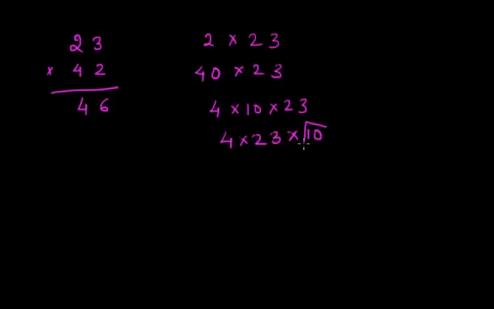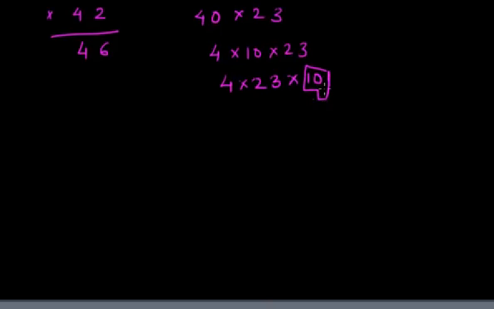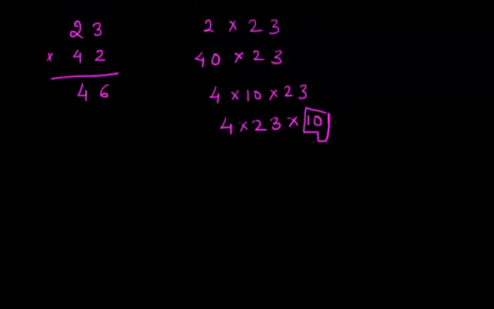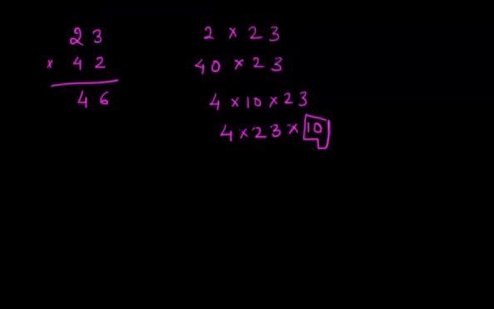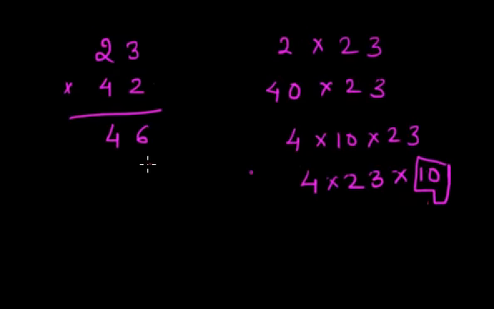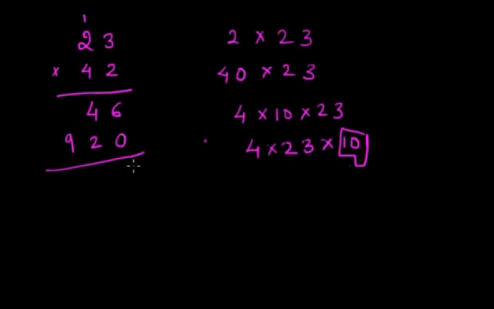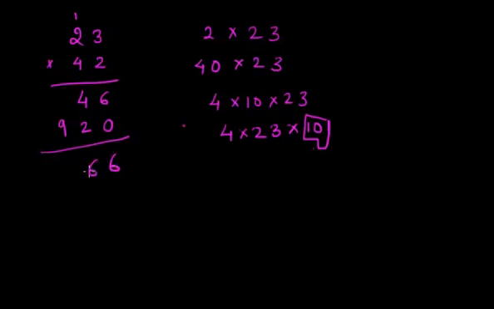So we are not calculating this 10 here, we are just assuming that 10 is already there, and we are just putting the 0 over here, and the remaining term is just the multiplication of 4 with 23. 4 times 3 is 12, so 2 balance 1, 4 times 2 is 8 and 1 is 9, so 92. So 6 plus 0 is 6, 4 plus 2 is 6, and then 9. 966 is the product of 23 times 42.